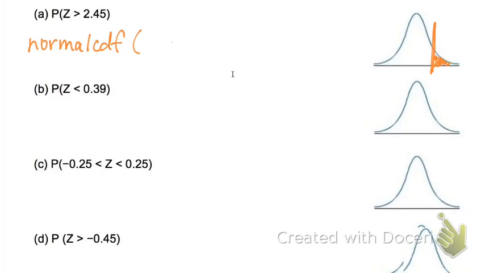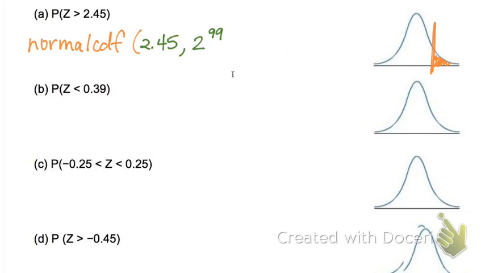Normal CDF is used for area under the curve. So I want my lower, my upper, my mean, and my standard deviation. In this case, if I'm doing greater than 2.45, my lower bound is going to be 2.45. My upper bound is going to be infinity. To represent infinity, I personally will do 2 to the 99th power, because that's like 2 times 2 times 2 times 2.